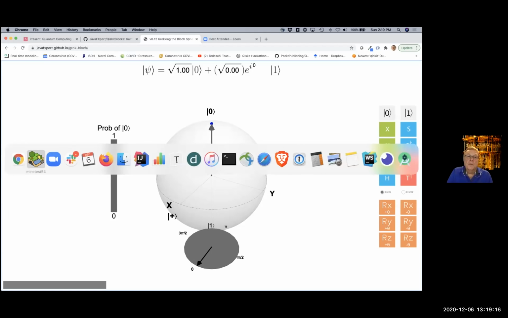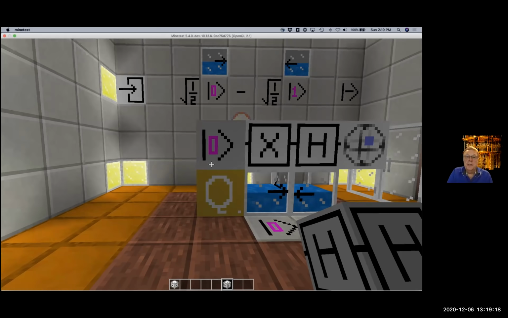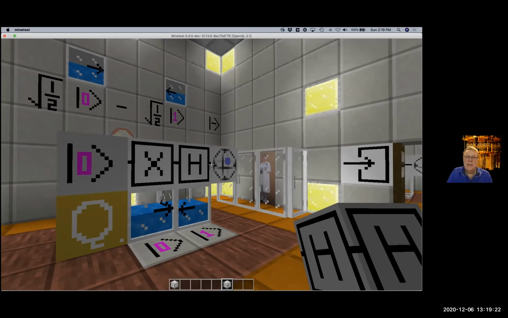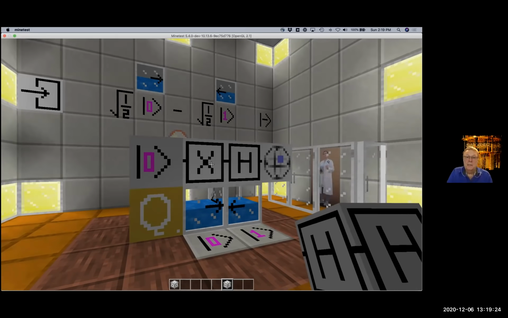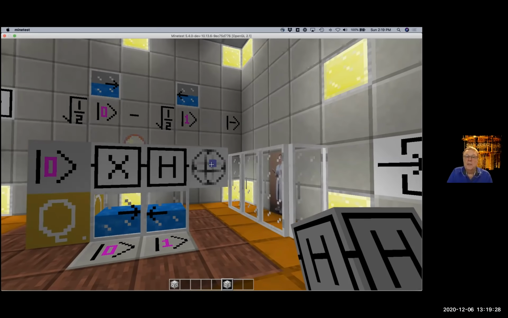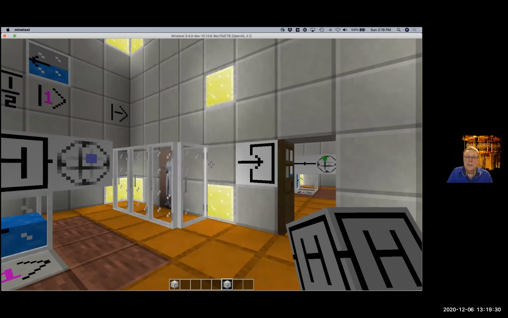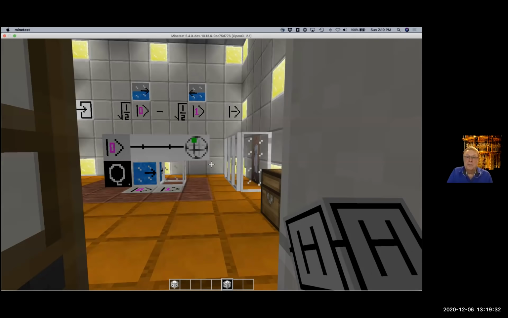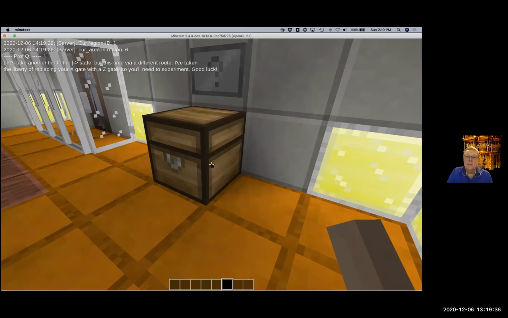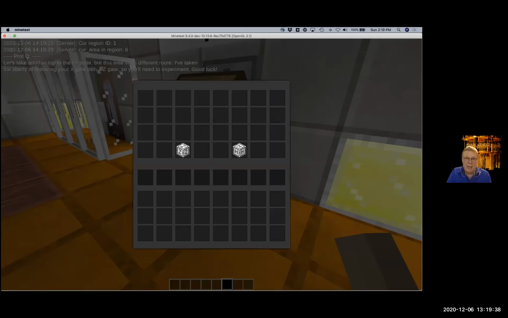So when we go back here, we see that the state is back there on the back of the Bloch sphere on the minus state, and we solved the puzzle. Then I could go through the next one, and this one has us get to that minus state in another way using different blocks.